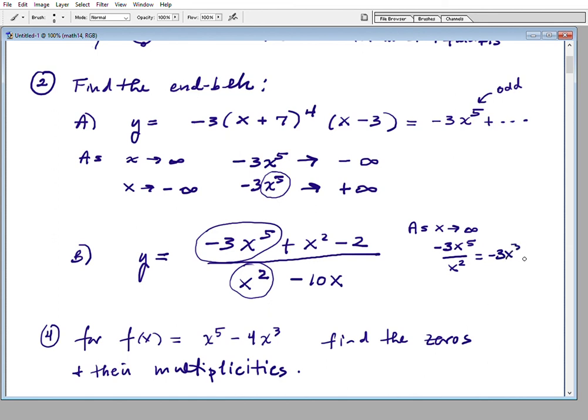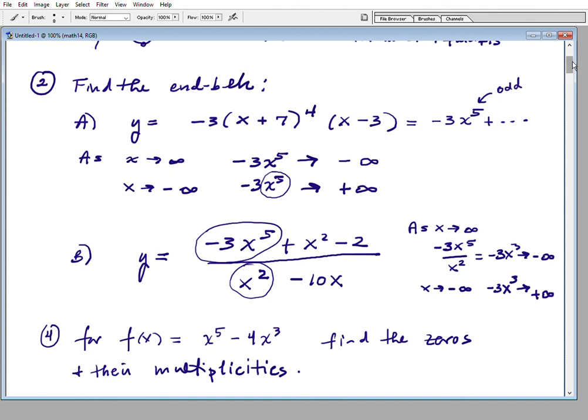So as x goes to infinity, this is going to go to minus infinity because of minus 3. And as x goes to negative infinity, okay, we'll use this reduced quotient, minus 3x cubed. This goes to negative infinity, with the minus in front, it'll go to positive infinity. Again, this is odd, that's why it'll go to negative infinity.